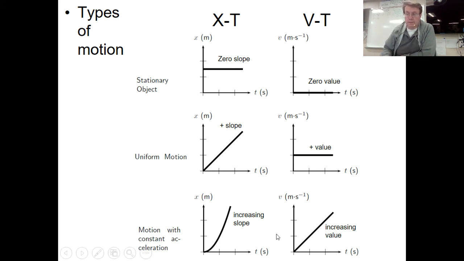Because in this case, the slope starts out at 0 at the very beginning, then it gets steeper and steeper and steeper. And on our velocity time graph, the value starts out at 0, and the value gets bigger and bigger and bigger. So way up here, we might have a value of 4 or 5. That means at the end of our position time graph, the slope would be 4 or 5, which is a steep slope.